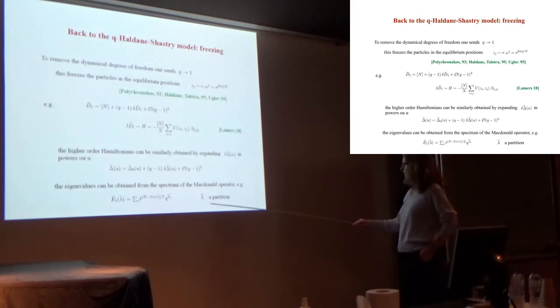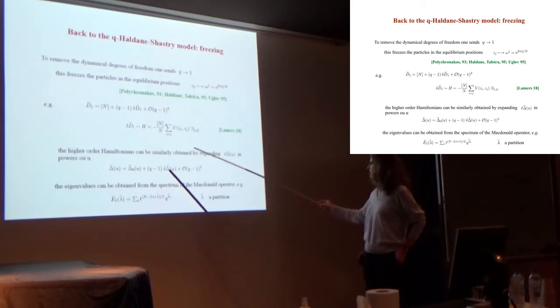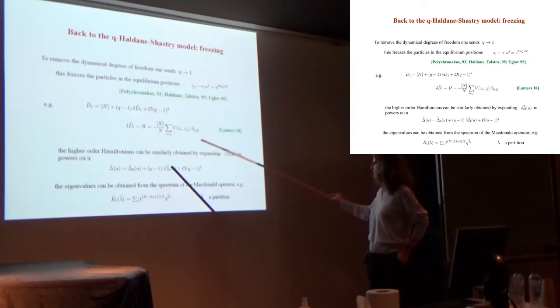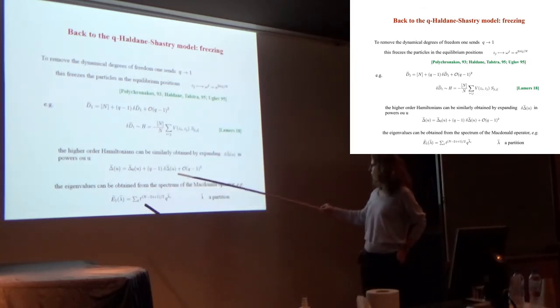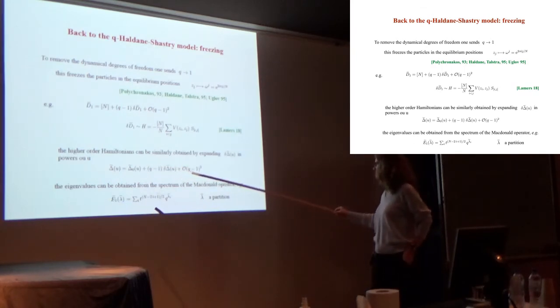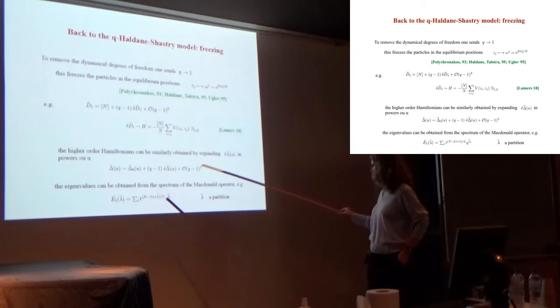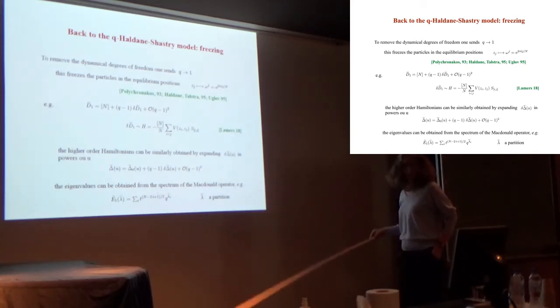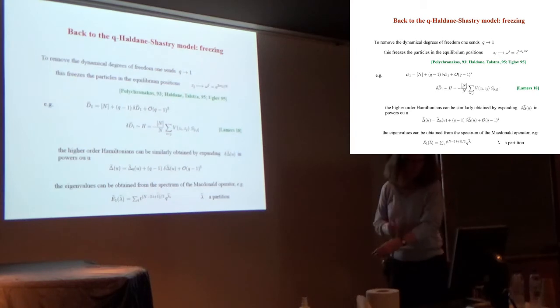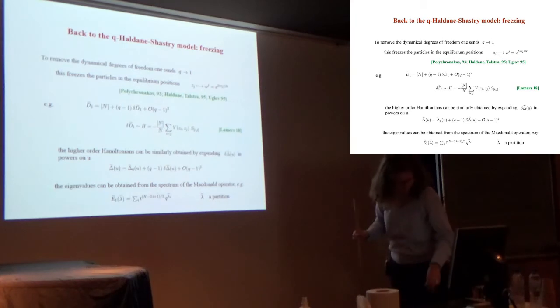In particular, the spectrum of all the integrals of motion of Haldane-Shastry, which are contained here, can be obtained from expanding the known eigenvalues of the McDonald operators, which are given by this formula here. So one has to expand in q. This gives the dispersion relation that I have shown you in the beginning.